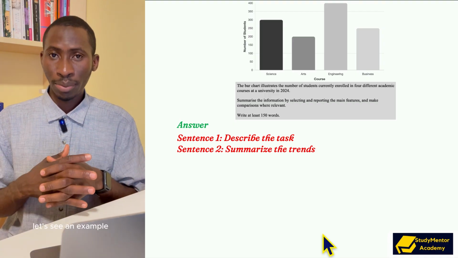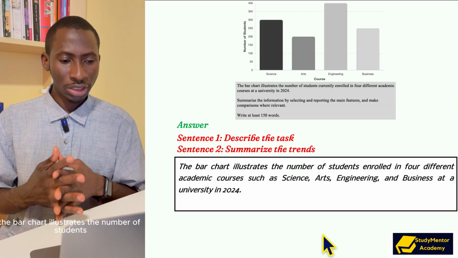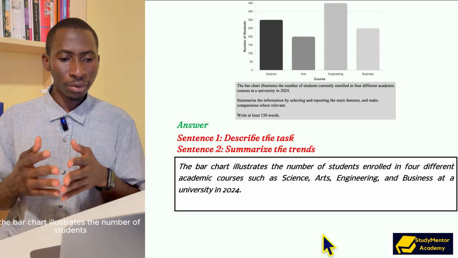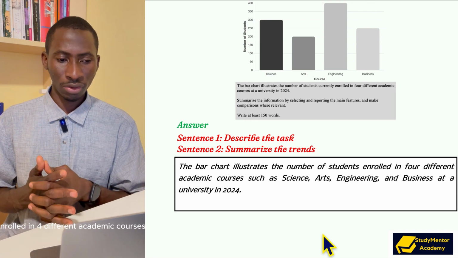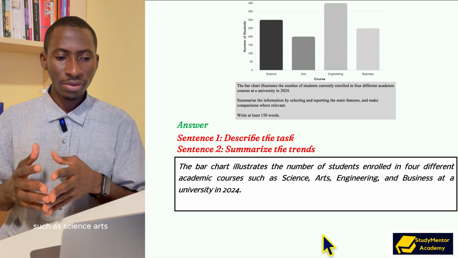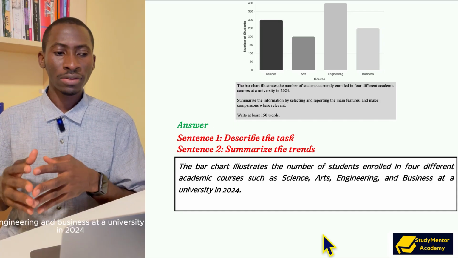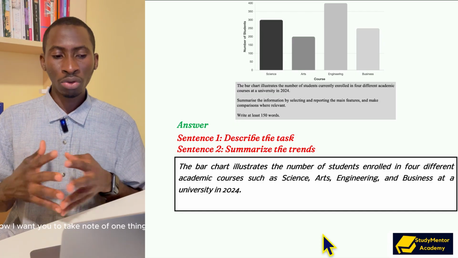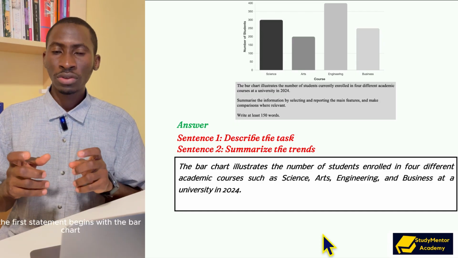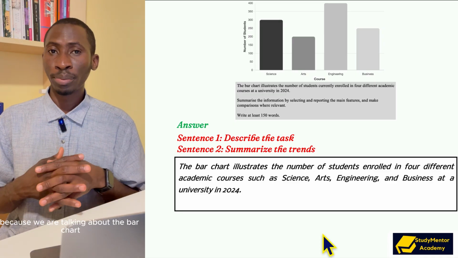Let's see an example. I would begin my description like this: The bar chart illustrates the number of students enrolled in 4 different academic courses, such as science, arts, engineering, and business at a university in 2024. Now, I want you to take note of one thing. The first statement begins with the bar chart because we are talking about bar charts.